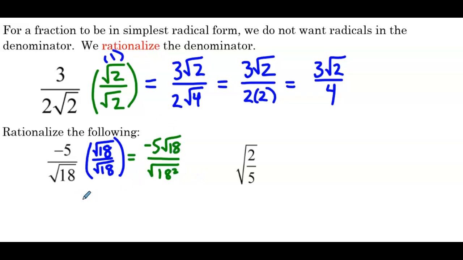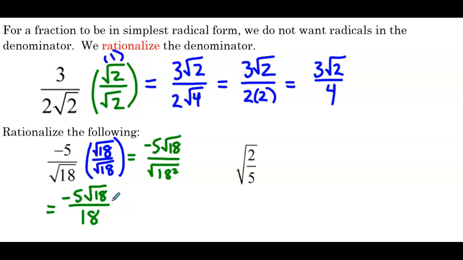Now, this is going to give us negative 5 times the square root of 18 over, well, 18 squared is a perfect square, right? I wrote it as a perfect square. So what's the square root of a perfect square? It's the number multiplied by itself to give us the radicand. So that's just going to be 18. Okay, so we actually didn't have to do all that multiplication out. Square root of 18 times square root of 18 is just 18. So a nice little shortcut to know.